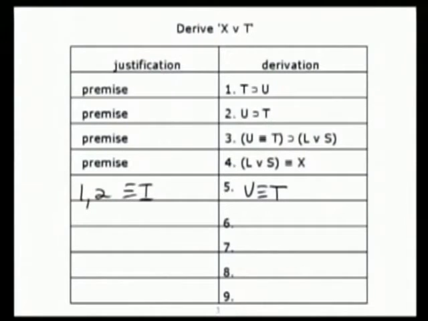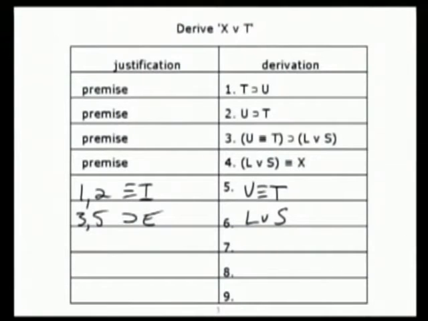I did the horseshoe elimination on lines 3 and 5. Okay, 3, 5. Horseshoe elimination. Okay, L wedge S, L horseshoe S. Brad, what's a good thing to do now?